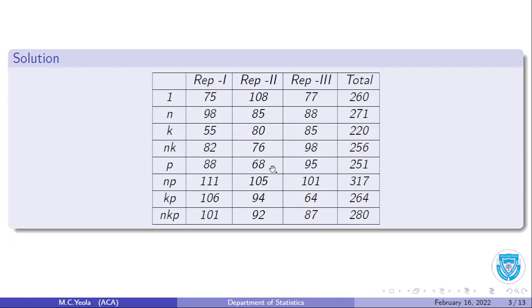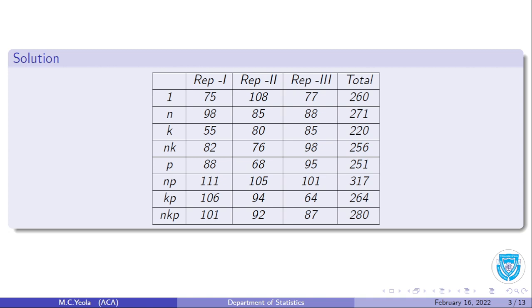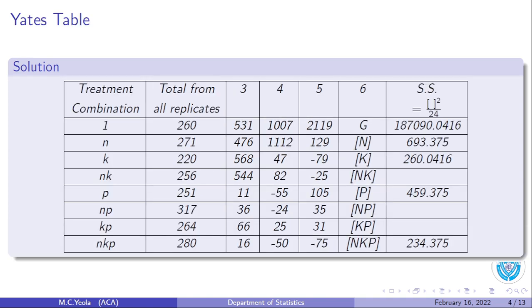See here in the first replicate, other than 1, we have N and P as single factors, so NP is confounded in the first replicate. In the second replicate, NK is confounded, and in the third replicate, PK is confounded. So NK, NP and KP are confounded in the 3 replicates, and because of that we have not calculated those values.